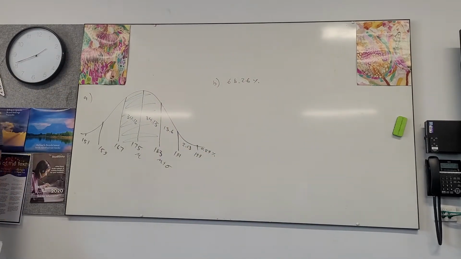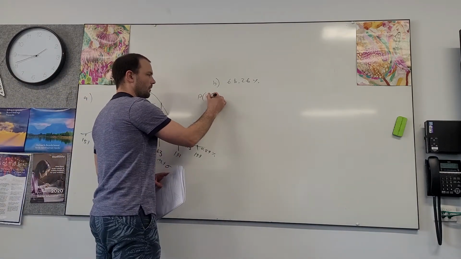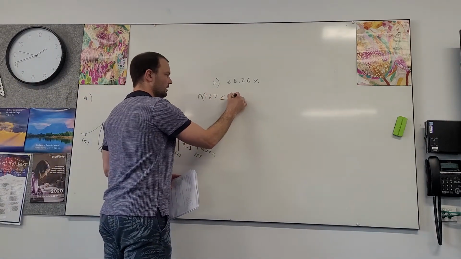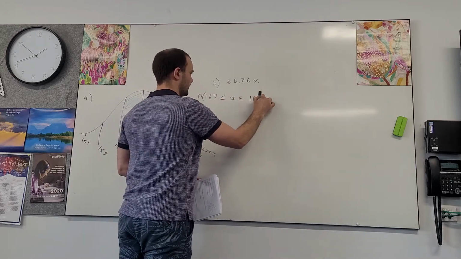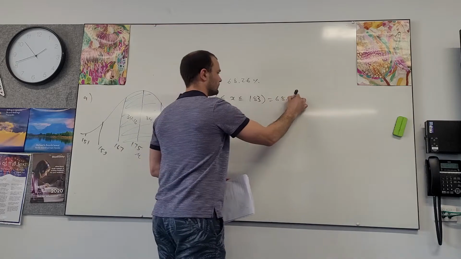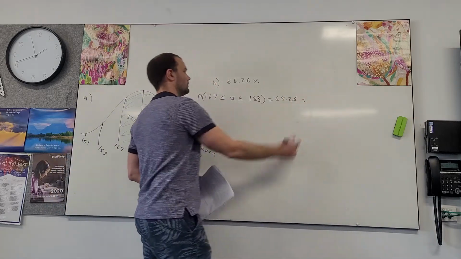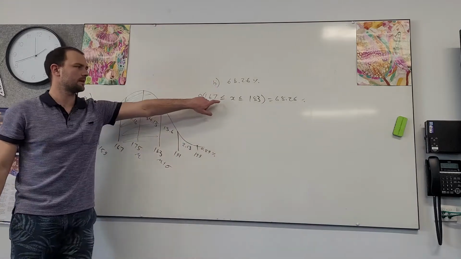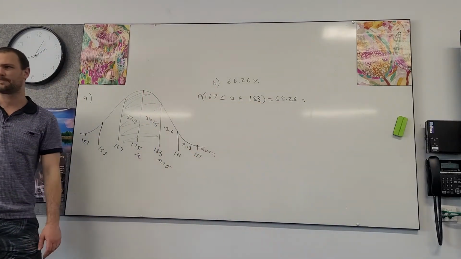Now the way we would write that event out is the probability of the event being between 167 and 183. So the probability of this event between 167 and 183 is 68.2%.